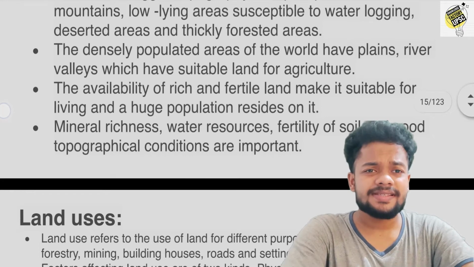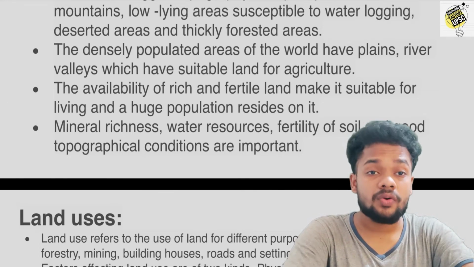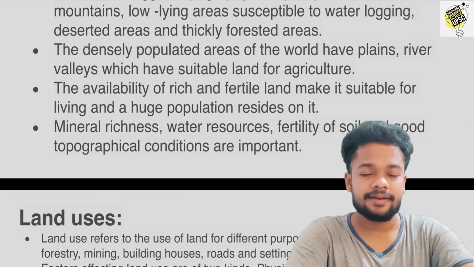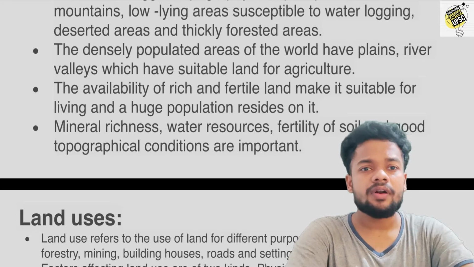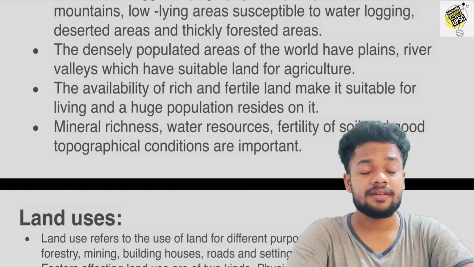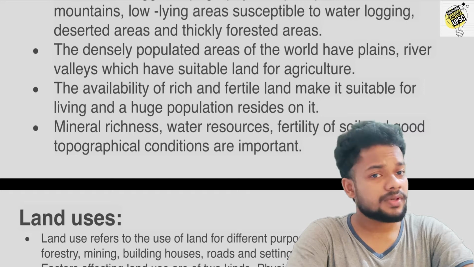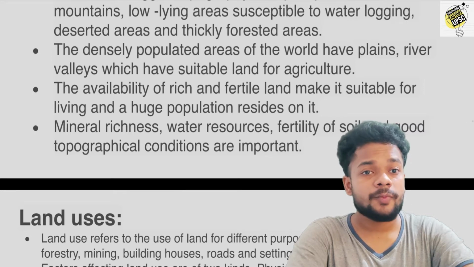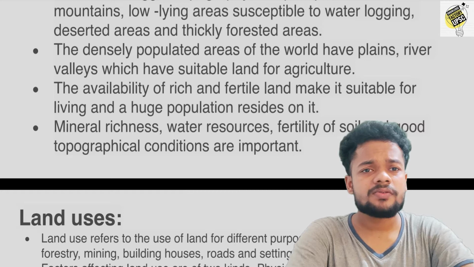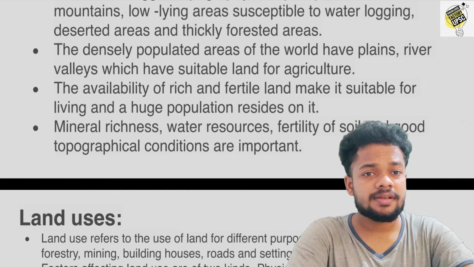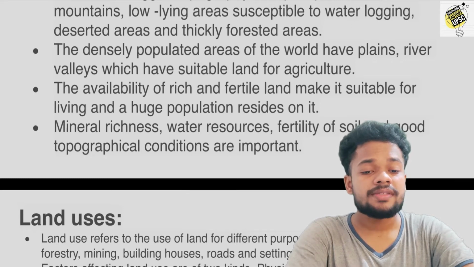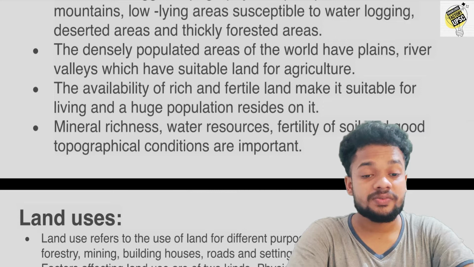That means these are places where people are not able to settle, because they have large mountains, high steeps, forest areas, or low fertile land. We cannot settle there because of such rugged topography. So these are some areas where human habitation is very low.